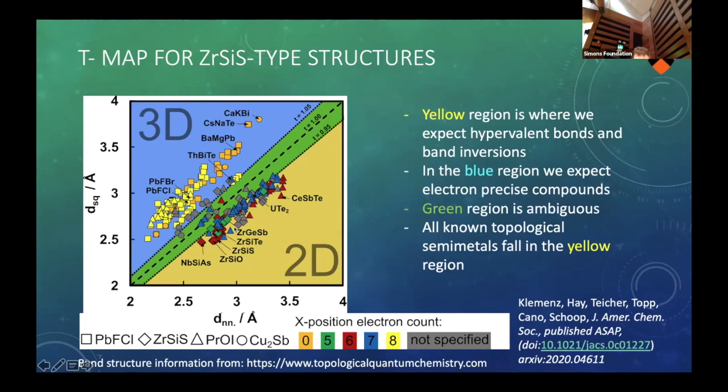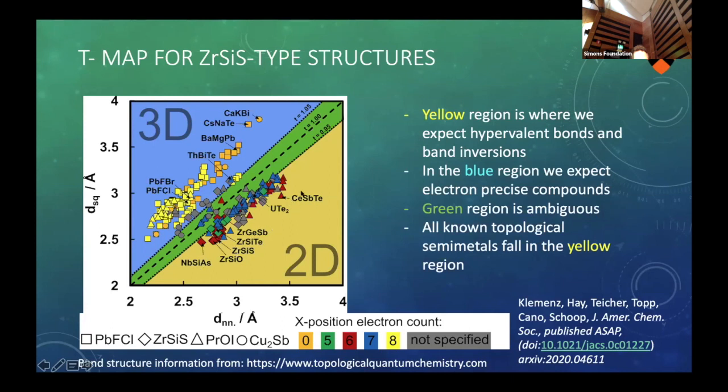And so now we can take advantage of Andrew's beautiful database and just look up the DFT band structures of those that are available and see if our method makes any sense. And what we found is that nearly all the compounds up here show band gaps and are just trivial semiconductors, very ionic compounds, whereas here fall all these compounds which are already known to be topological semimetals and published.